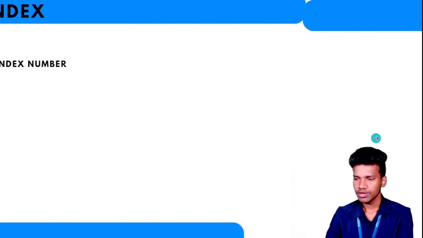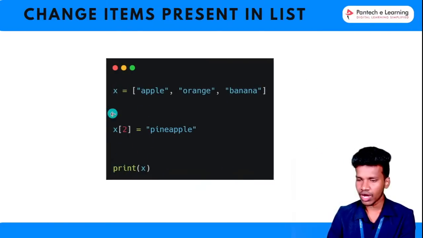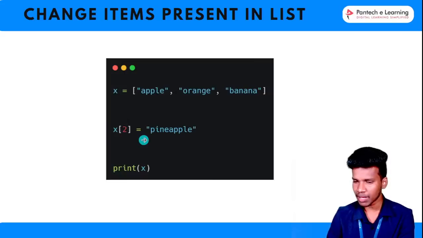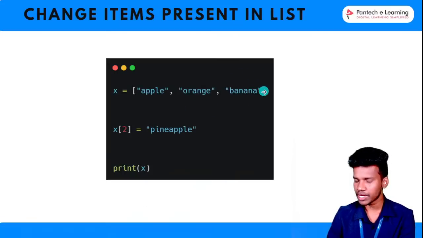Okay. So next one is changing an item. It's a changing method, changing an item in our present list. I call our variable and mention the index number to replace that place. In the second index, the banana is present, right?